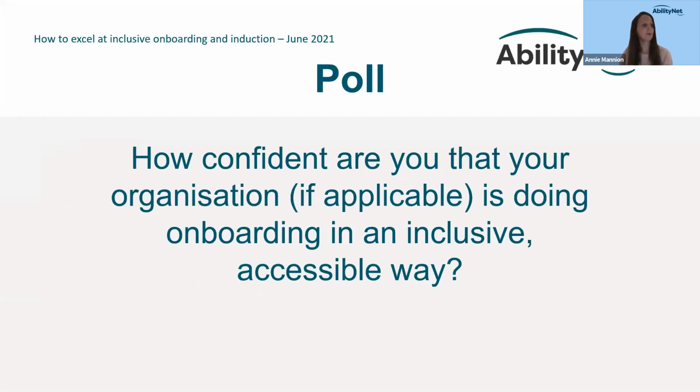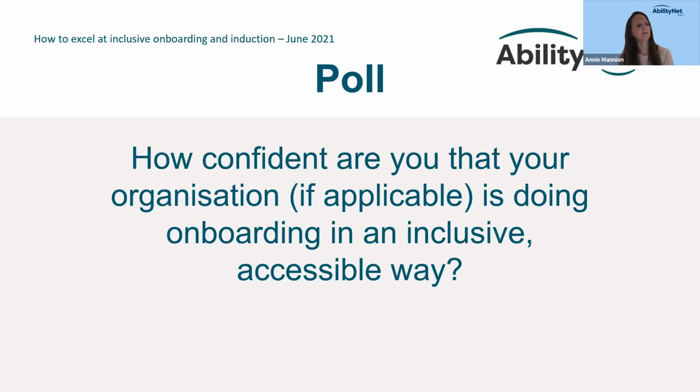So just before we kick off today's webinar content, I'm just going to start with the poll. Can you tell us how confident are you that your organisation, if applicable, is doing onboarding in an inclusive, accessible way? Are you very confident we have fully inclusive, accessible policies and procedures? Are you quite confident? There may be some things we could do better, but generally we get things right.